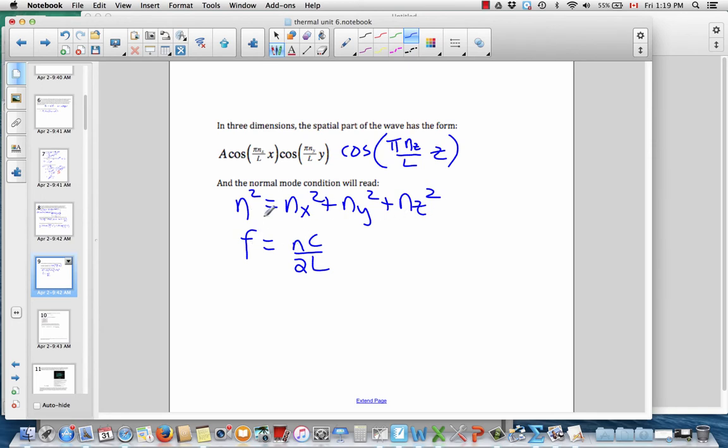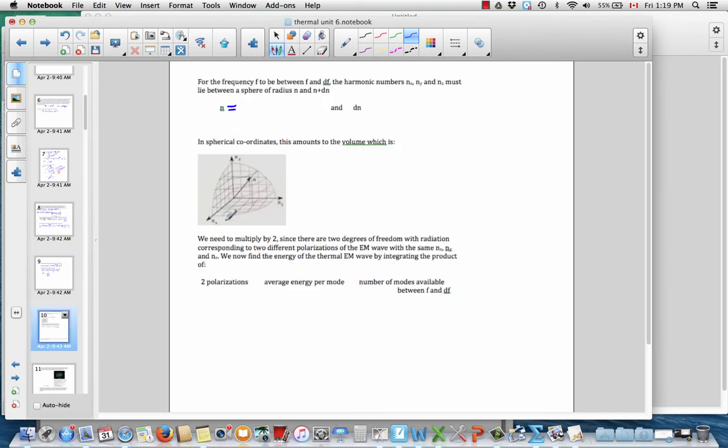Well, you can see there's a bunch of x, y, and z combinations that will give you a given n. This is really the equation of a sphere in n space. Here's a picture of the sphere, and so all n numbers that lie on this surface will give you the correct magnitude n to get the correct frequency f. So the relation between n and f, we'll just cross multiply and say, hey, the radius of that sphere in n space is given by this expression.